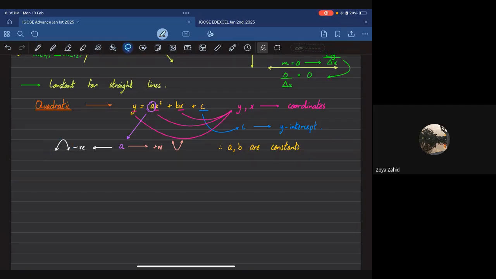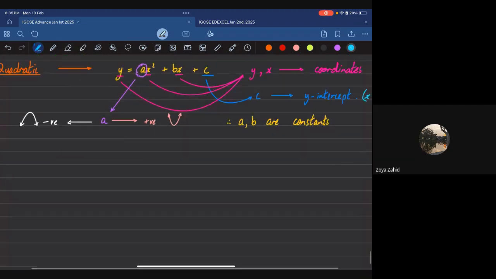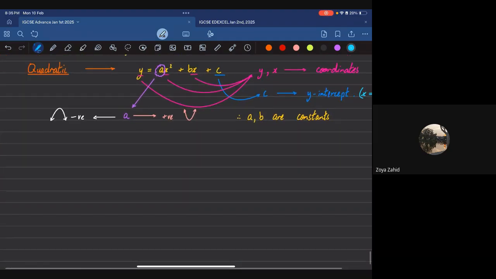All right. How do you find the y-intercept? You put x is equal to 0, as we did in the previous part. But this time around, we're going to do things a bit differently because you're going to have x-intercepts as well.